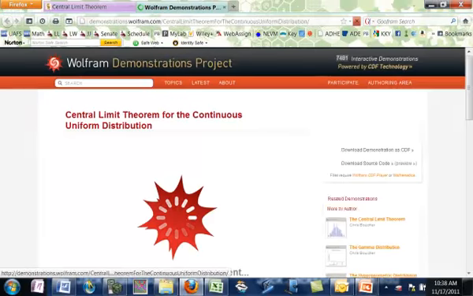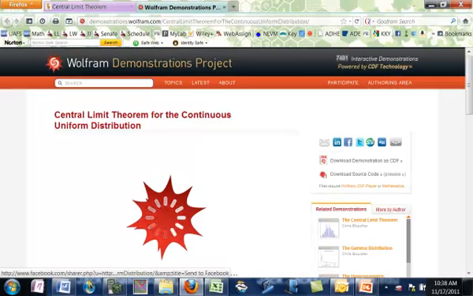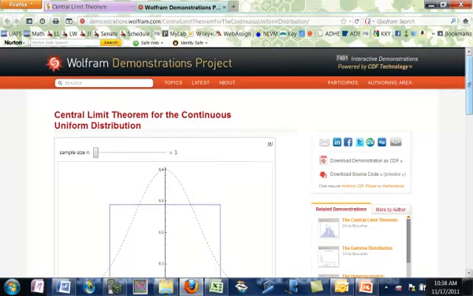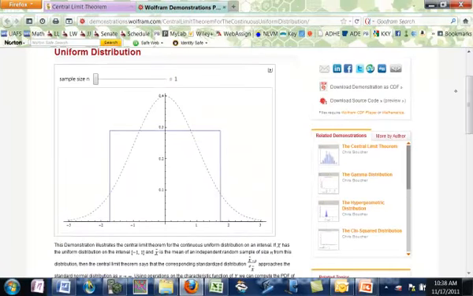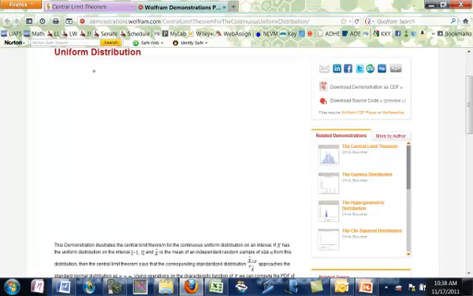And let's see what this one here does. Okay, this is from Wolfram. Wolfram has a lot of interesting things. So here's what the normal is that it's going to eventually approach, and this is a uniform distribution, sample of 1, which is just the individuals.